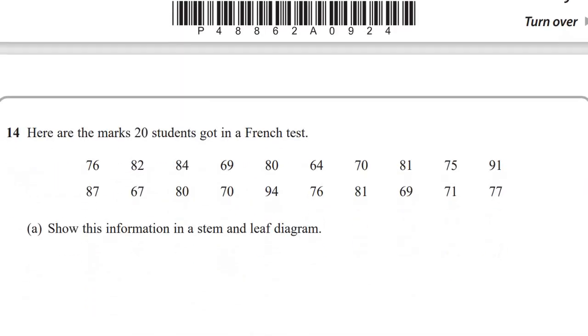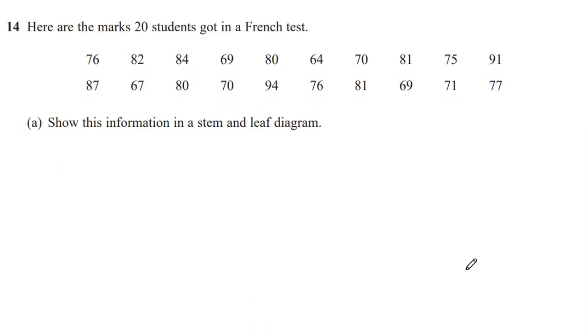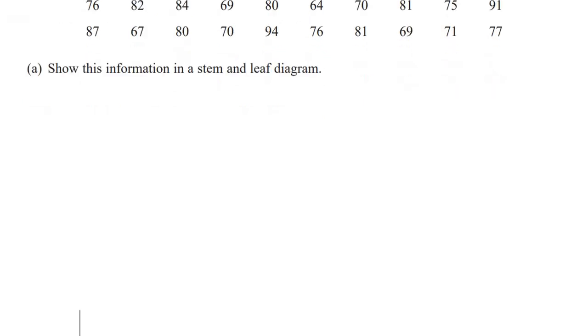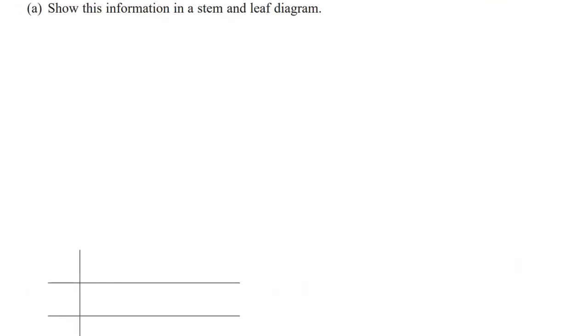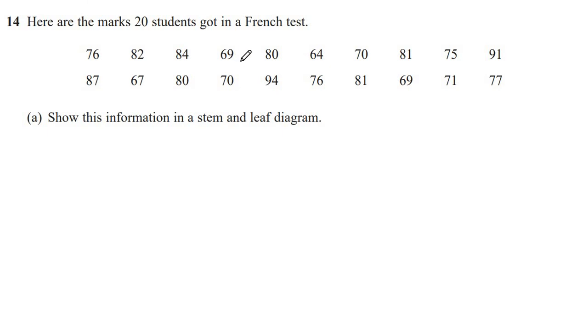All right, next. So this is about stem and leaf diagram. Okay, so this you need to do very carefully, and you just make sure you write the numbers and you cross out the numbers that you have written. So we need to look for the lowest number.